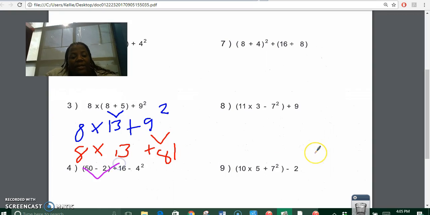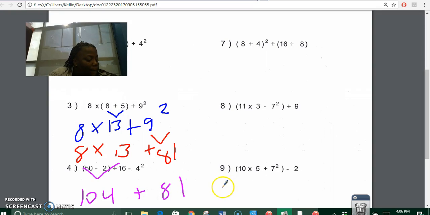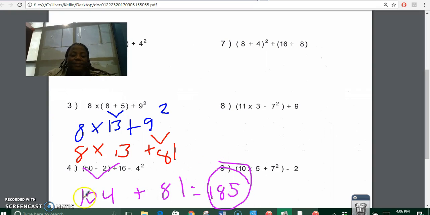I will multiply 8 times 13. I ain't gonna lie, I have no idea. So here we go. 8 times 13. That gave me 104. So 104 plus 81. Okay, that gives me 185. Final answer for number 3, 185.